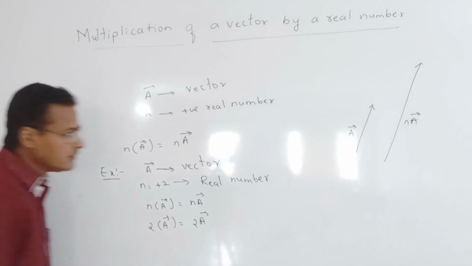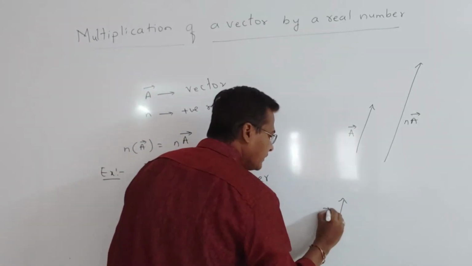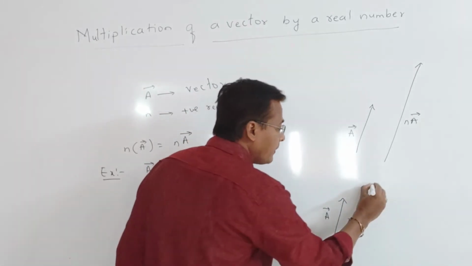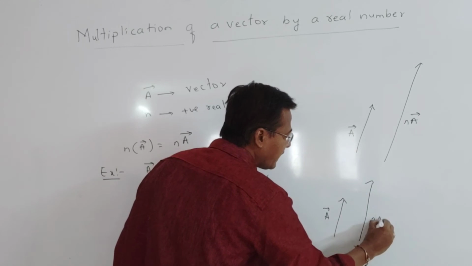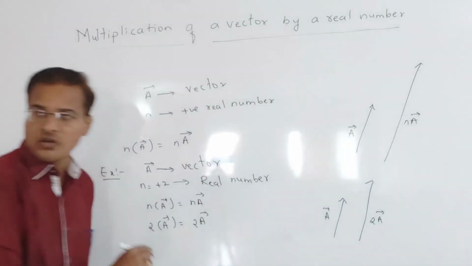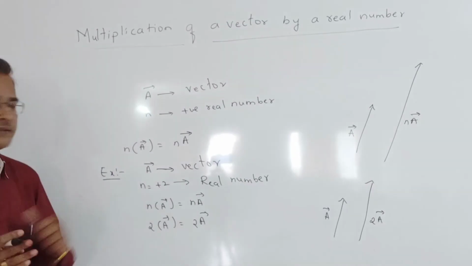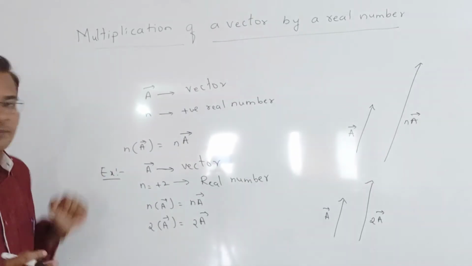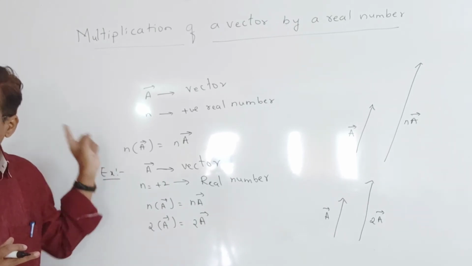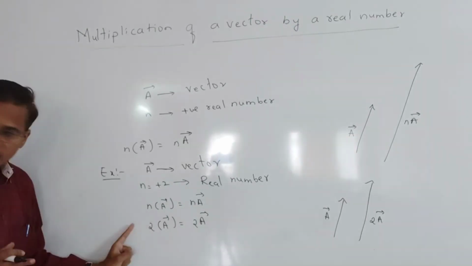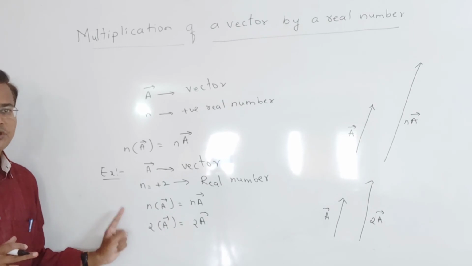So the multiple vector is 2 times the A vector. I have taken a positive real number, positive only.